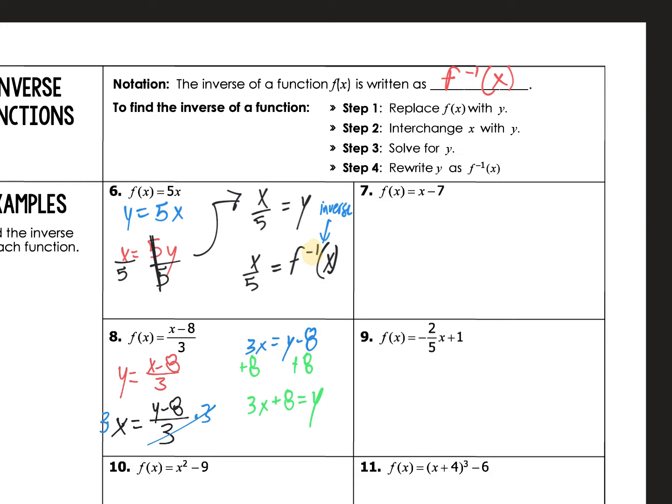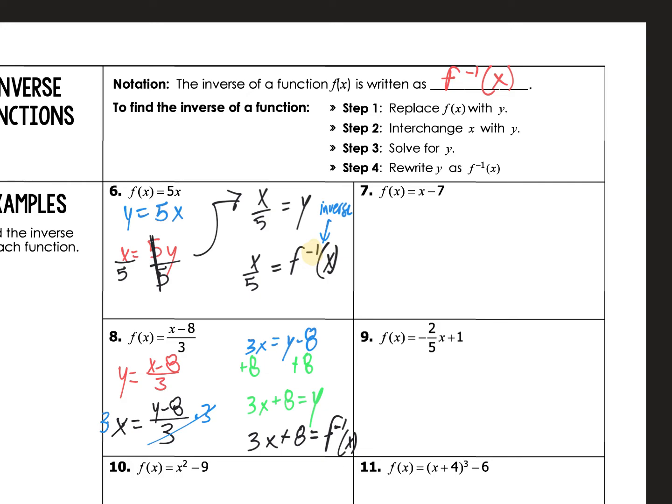And boom, that's going to be my inverse. Now, make sure that we write it in the correct notation. So we're going to write 3x plus 8 equals f inverse of x. Don't forget that little -1. That's important. That tells us that we found the inverse of this.